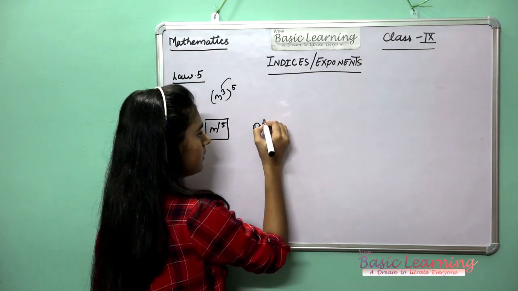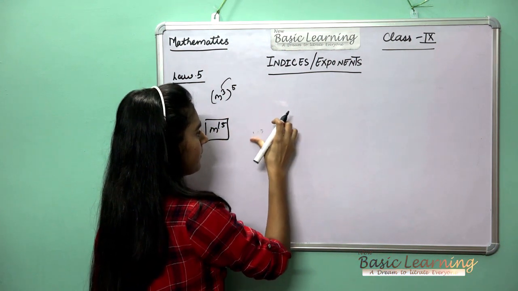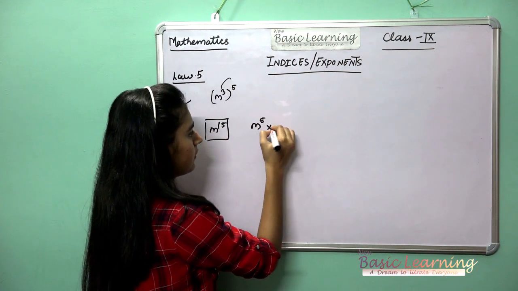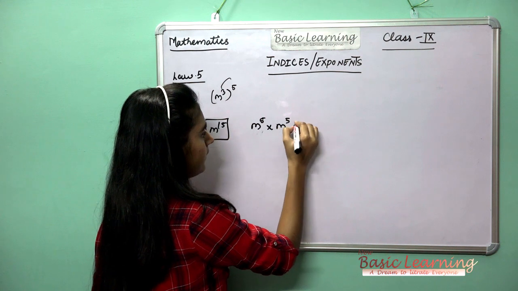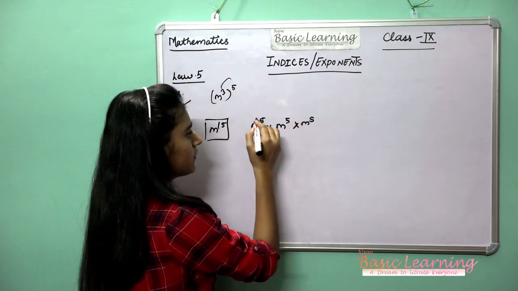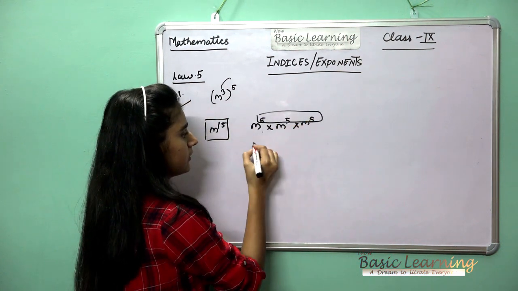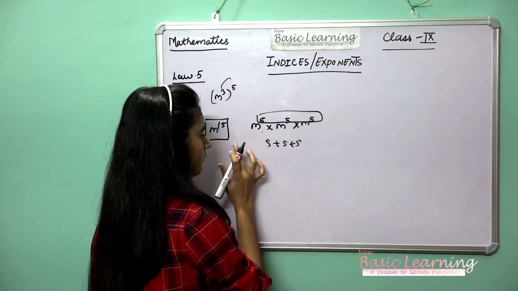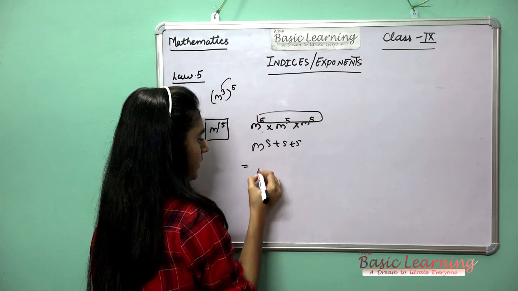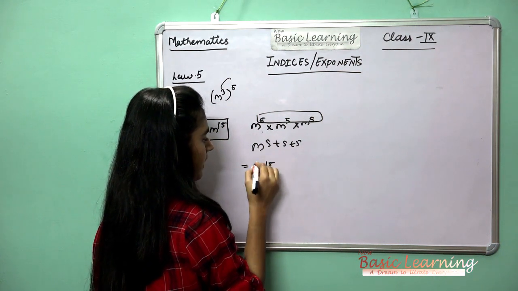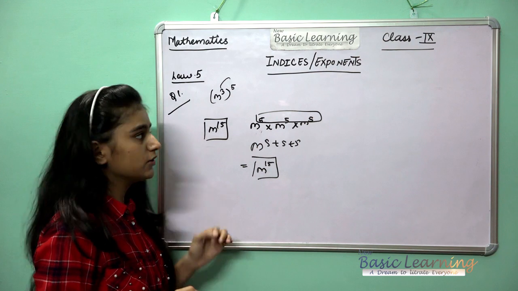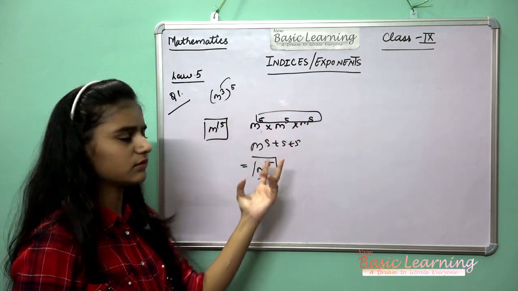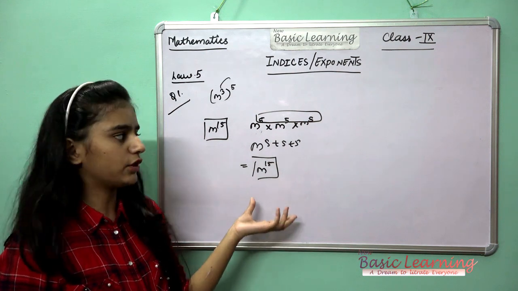That means m to the power 5 into 5 into 5, so we will add the exponent 5 plus 5 plus 5. This will give m to the power 15. You can see the answer by this also, and you can show the answer by calculation also. This is also simple.